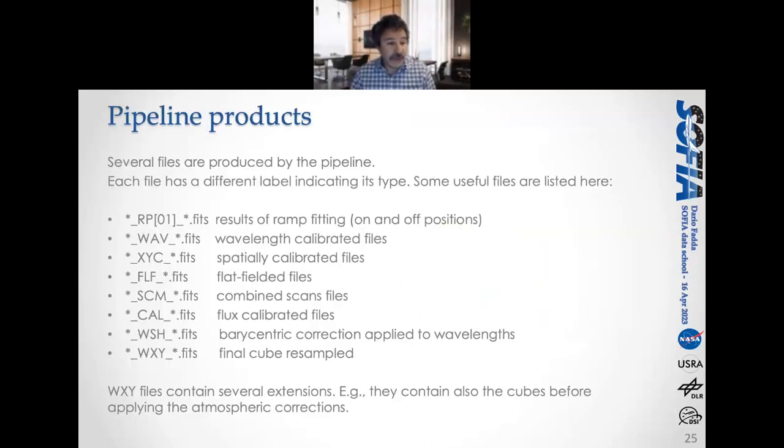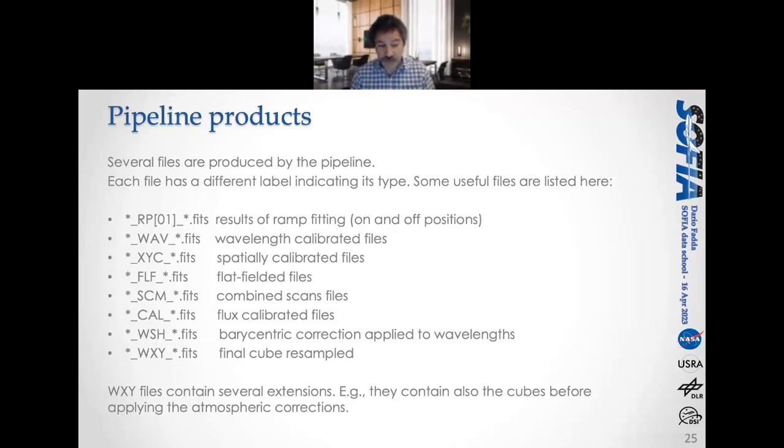Okay, so this said, this is the list of the files that can be created by the pipeline. You can click Save at every step. I'm not going to read them, you have the list here. Each one has an identifier, which is these three letters. The only ones I want to point out are the last two: WSH, which stands for wave shift, and WXY, which is your final resampled cube.